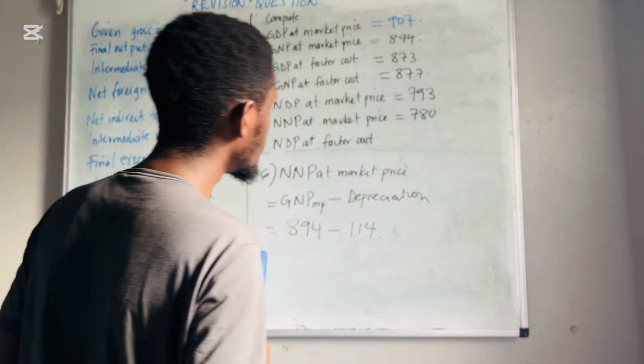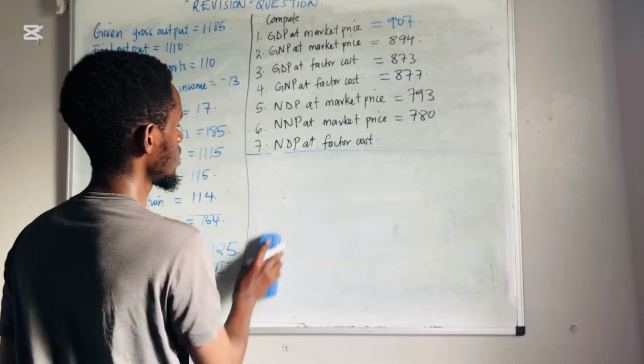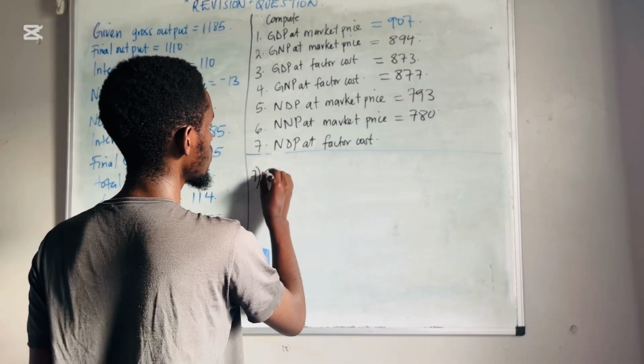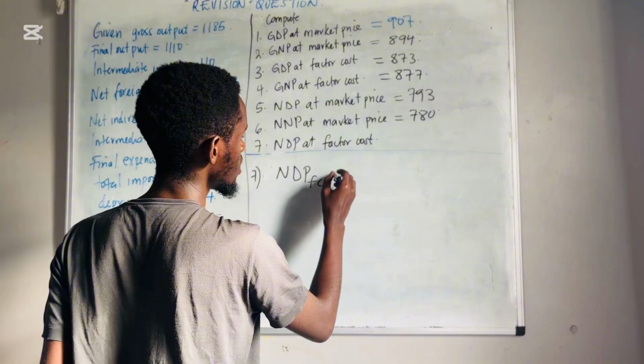And then lastly, we want to find NDP at factor cost. NDP is net domestic product at factor cost. It is the same thing as having gross domestic product at factor cost minus depreciation, because you're coming from gross to net.